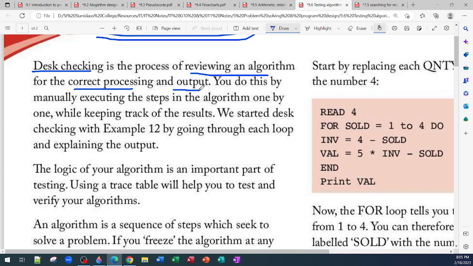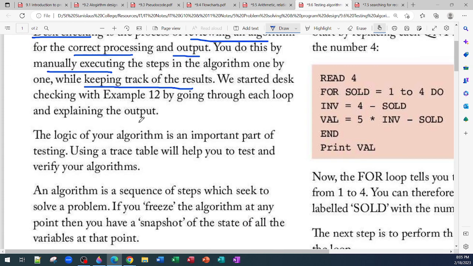So that when you actually do the calculation manually, you will ensure you are creating the correct formula. Now, you do this by manually executing the steps in the algorithm one step at a time while keeping track of the results. If you can remember from your trace table, that's exactly what you did. We started desk checking with example 12 by going through each loop and explaining the output.